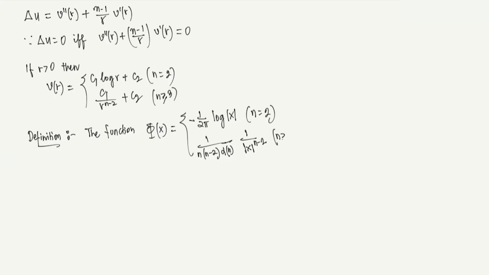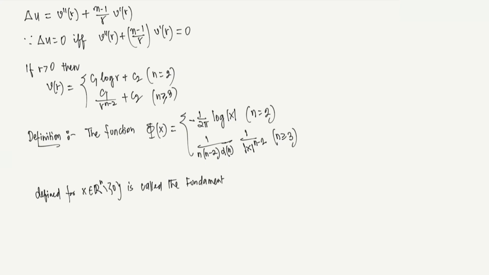This is for n greater than or equal to 3. So that is defined for x in R^n minus 0, and this is called the fundamental solution of the Laplace equation.